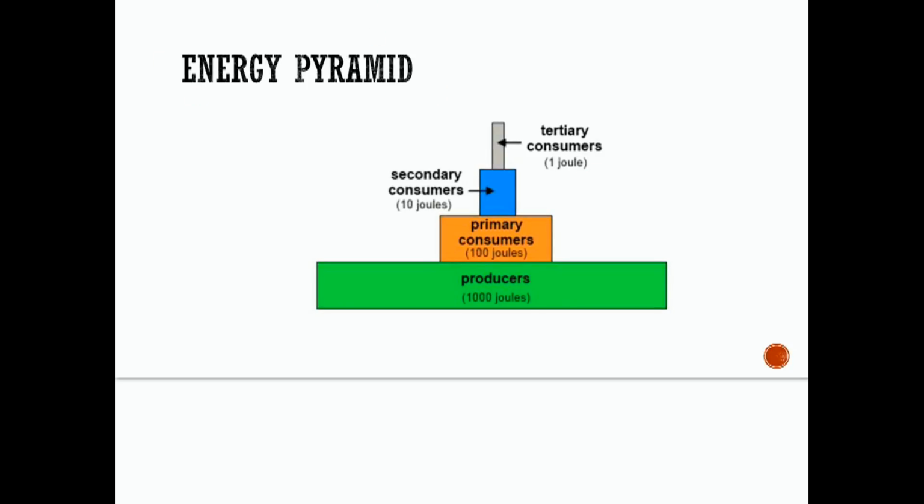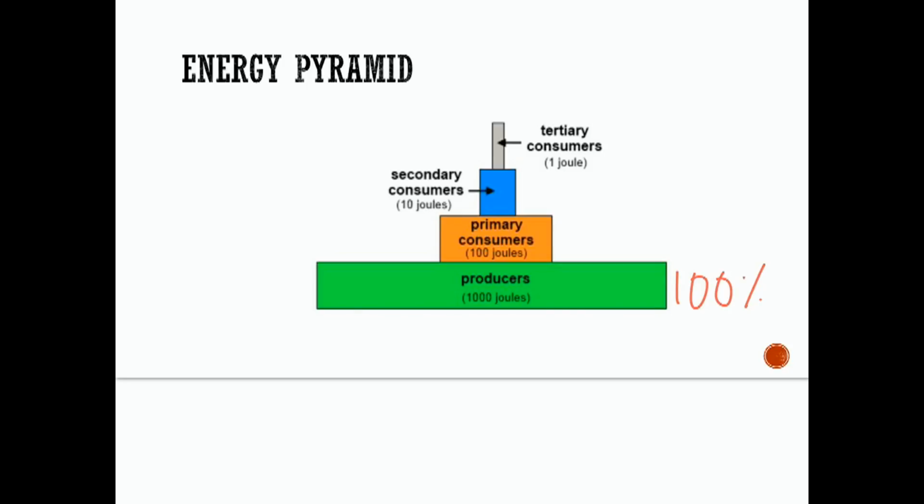An energy pyramid is a diagram that shows the relative amounts of energy located within each trophic level. Only about 10% of the energy produced at each level is available to the one above it. So you could do this pyramid as a percentage. Okay, so at the producer level, you have 100% of that energy available straight from the sun to the producers.